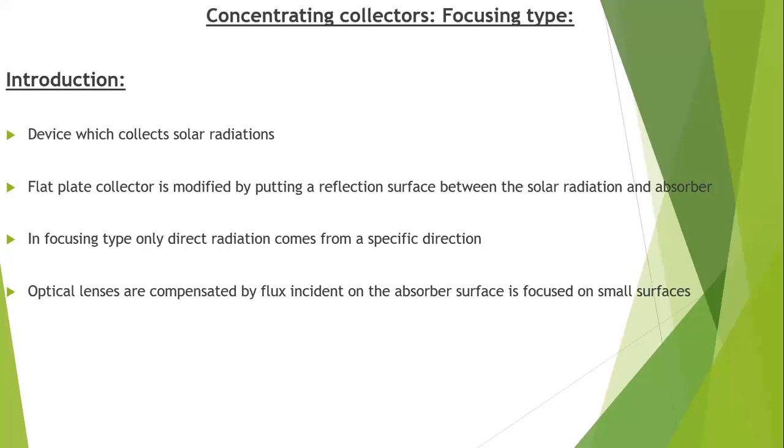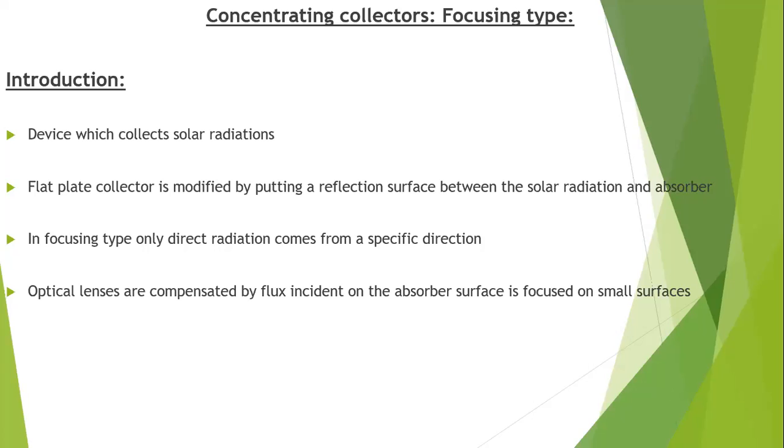So we can modify the flat plate collector. How can we modify it? If a flat plate collector is modified by putting reflecting or refracting surfaces between the solar radiation we are getting and the observer, it becomes a concentrating collector.